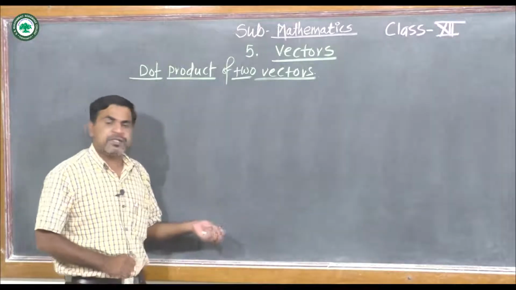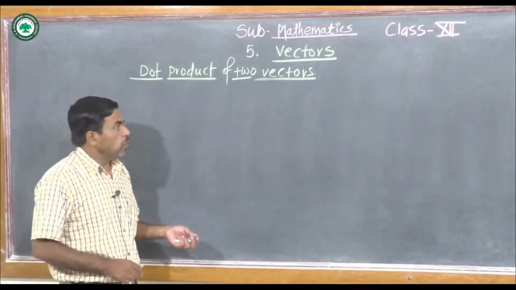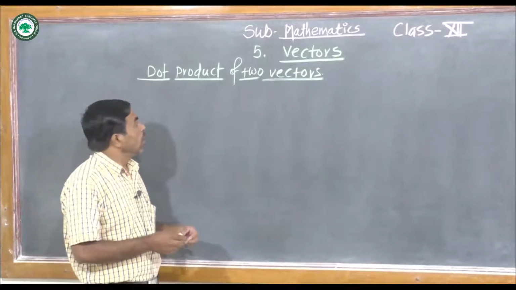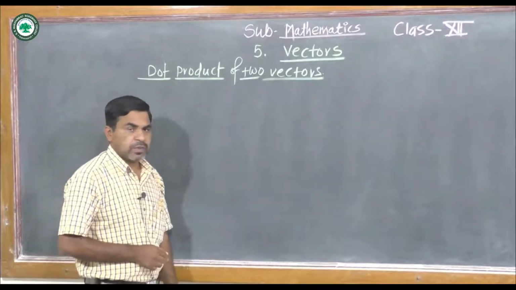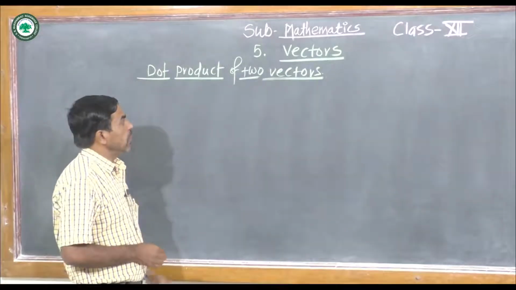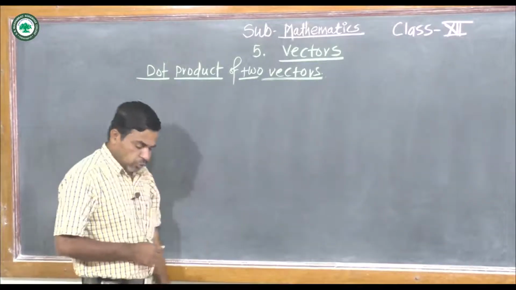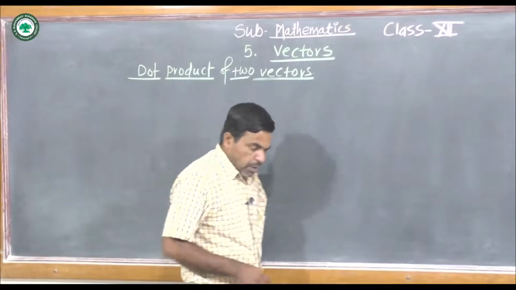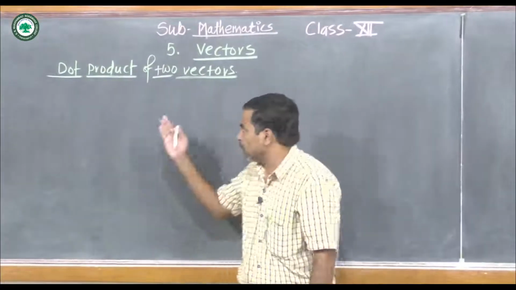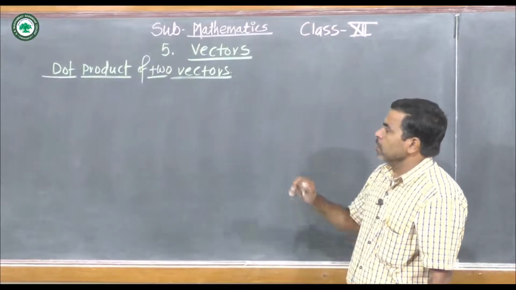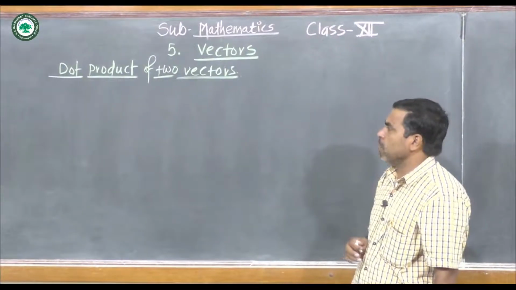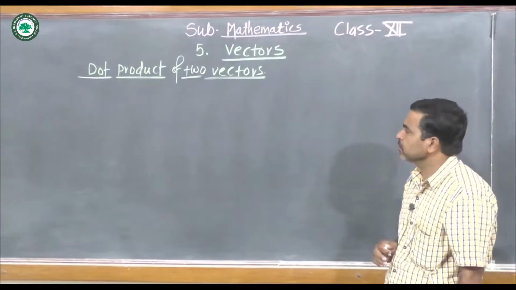In the previous lecture, we have seen the dot product of two vectors: the definition of dot product, remarks or some properties of dot product of vectors.